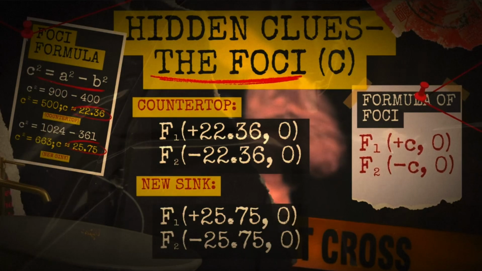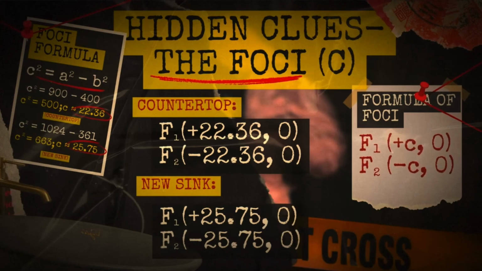Our a squared is 900 and our b squared is 400 in our exhibit A. So 900 minus 400 is equal to 500. So basically, in our exhibit A, our c squared is equal to 500.